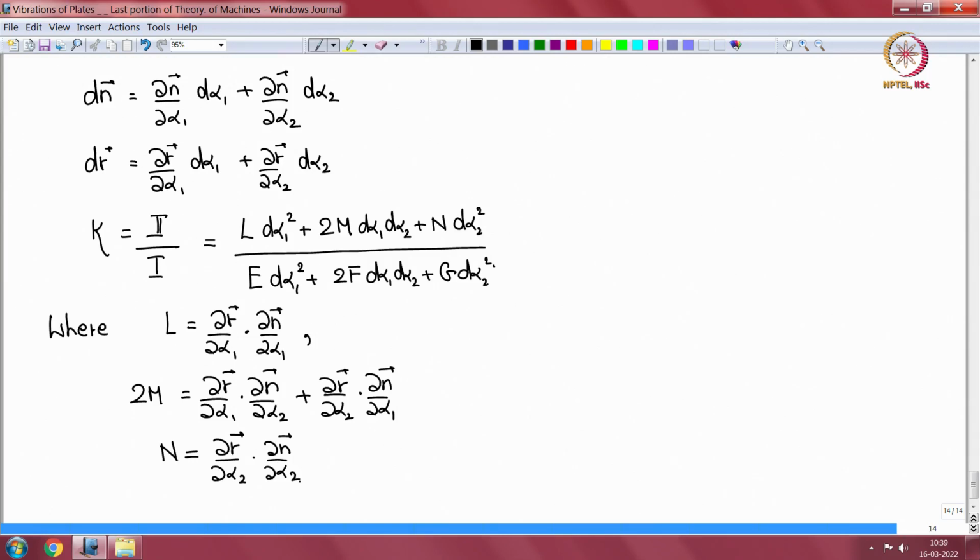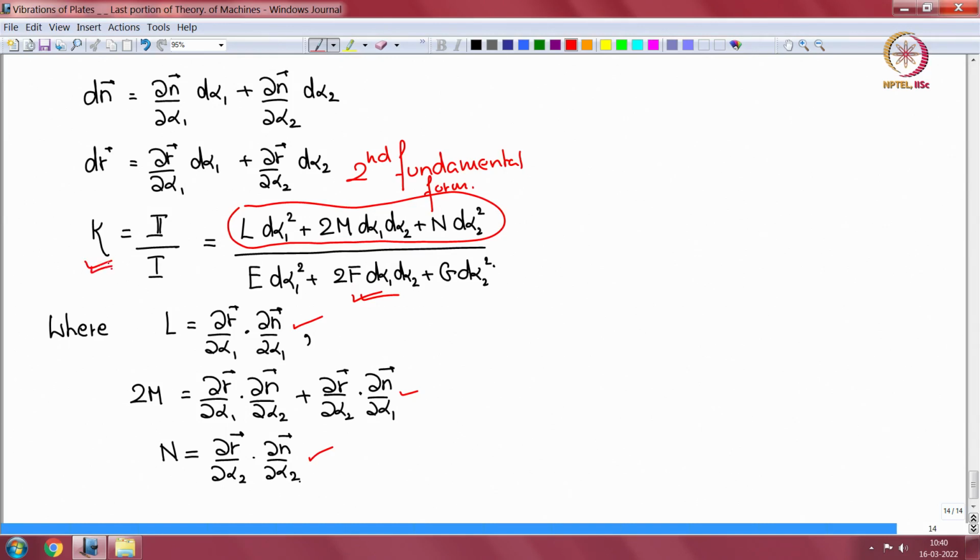Okay. So this numerator is the second fundamental form, and these are the LMN definitions, and they relate to the first fundamental form and produce the curvature.